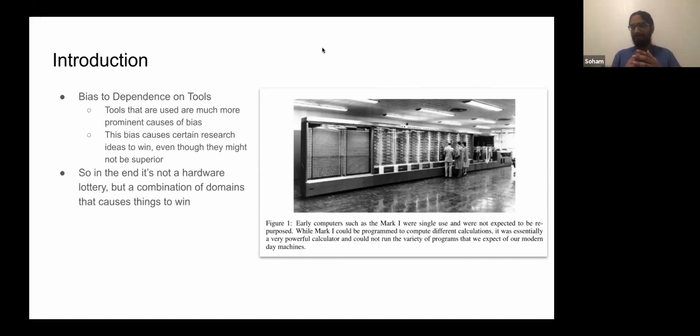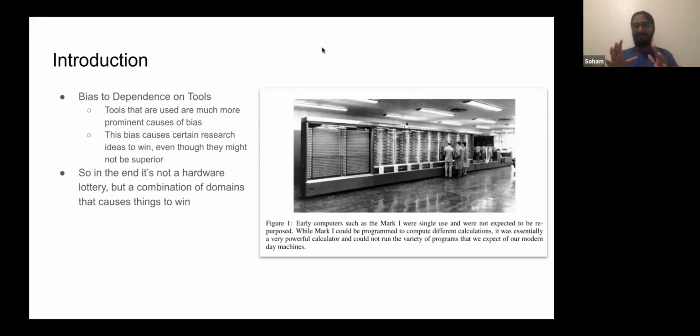Because research ideas depend on this synergy between hardware, software, and algorithms, there is some noise or some bias in research, and also there is inertia, or something stopping researchers from recognizing promising research areas, right? And so it's our tools that actually cause a bias and an inertia of research areas.